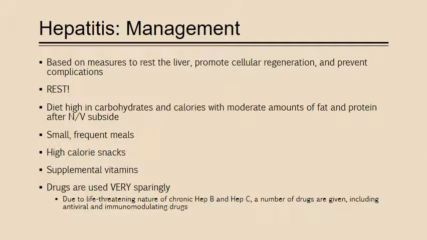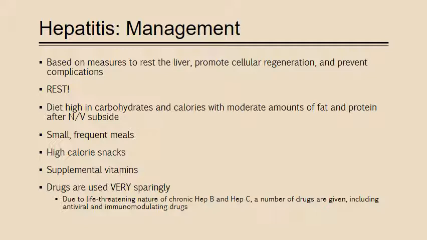What is the management for hepatitis? It's based on measures to rest that liver, promote cellular regeneration, prevent complications. So rest, rest, and more rest. A diet high in carbohydrates and calories with moderate amounts of fat and protein after nausea and vomiting subside will help. Small frequent meals are often better tolerated.